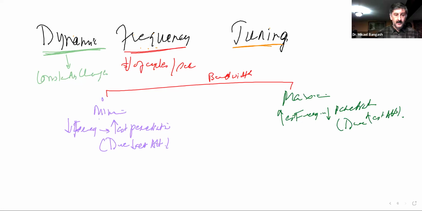We can then put in some other frequencies here as well. We may have this frequency, and we may have this frequency, but as we go from here to here to here, along our bandwidth, the frequency goes from the minimum to a higher, to an even higher, to an even higher, to the maximum.